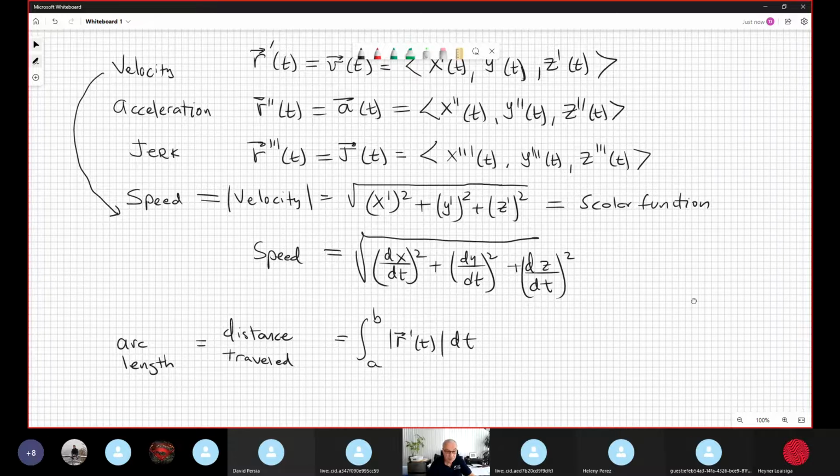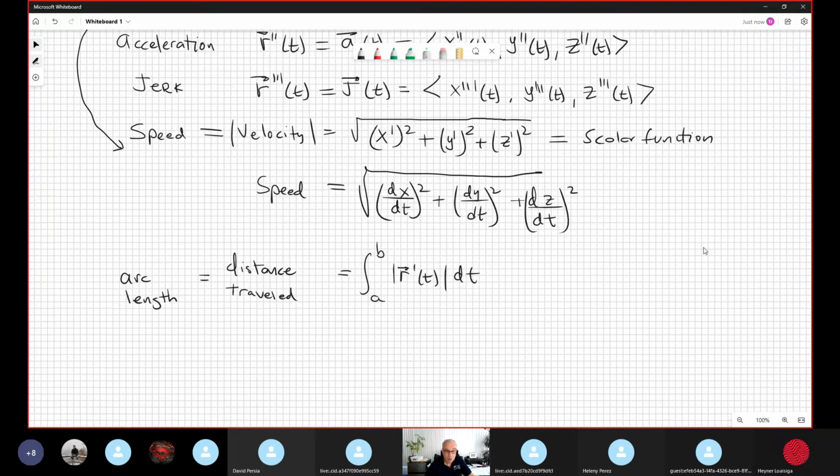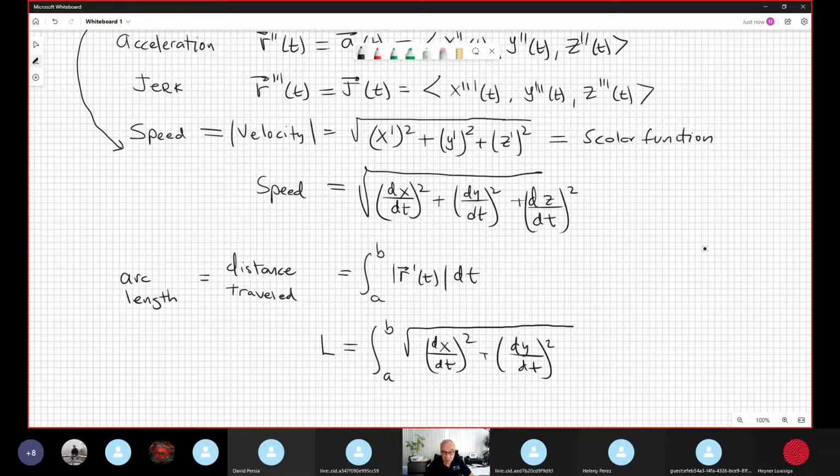One more popular equation, formula that we use in calculus 2 is integral from A to B over the square root of dx/dt squared plus dy/dt squared plus dz/dt squared.